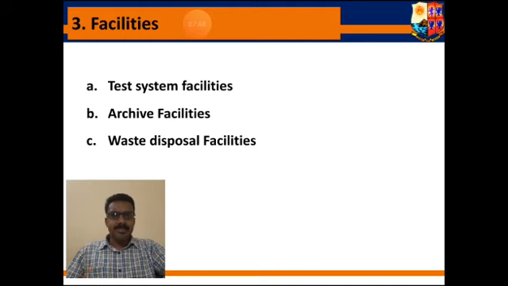The facilities include the test system facility. The test system facility means a sufficient number of rooms or areas to assure the isolation of test systems and the isolation of individual projects involving substances or organisms known to be or suspected of being biohazards.